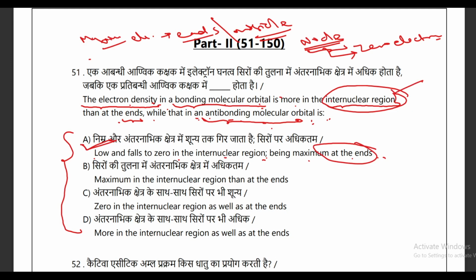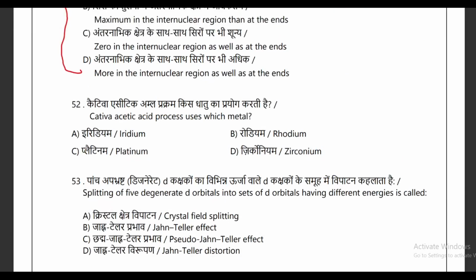Okay, so in the second question, they are saying Cativa acetic acid process uses which metal. So if we talk about Cativa acetic acid process, in this the catalyst which is used contains iridium. Okay, so in this A option is a correct answer.